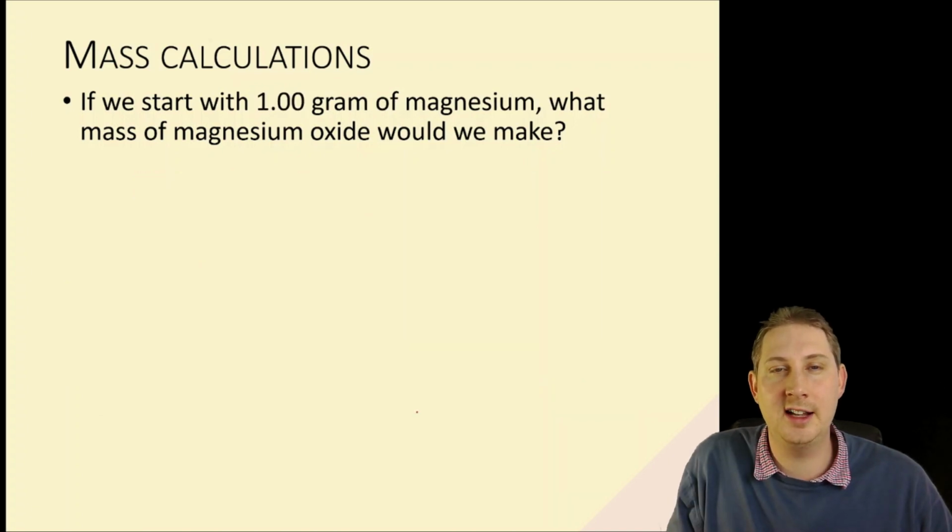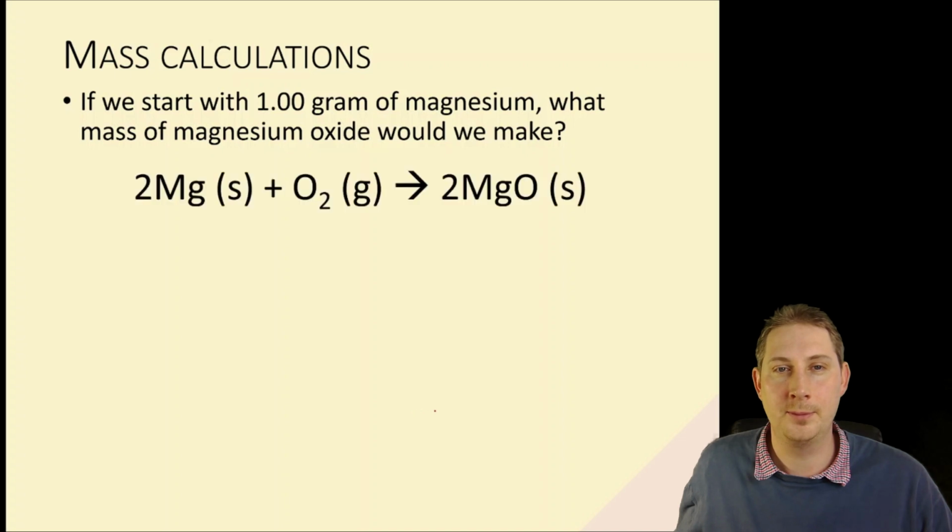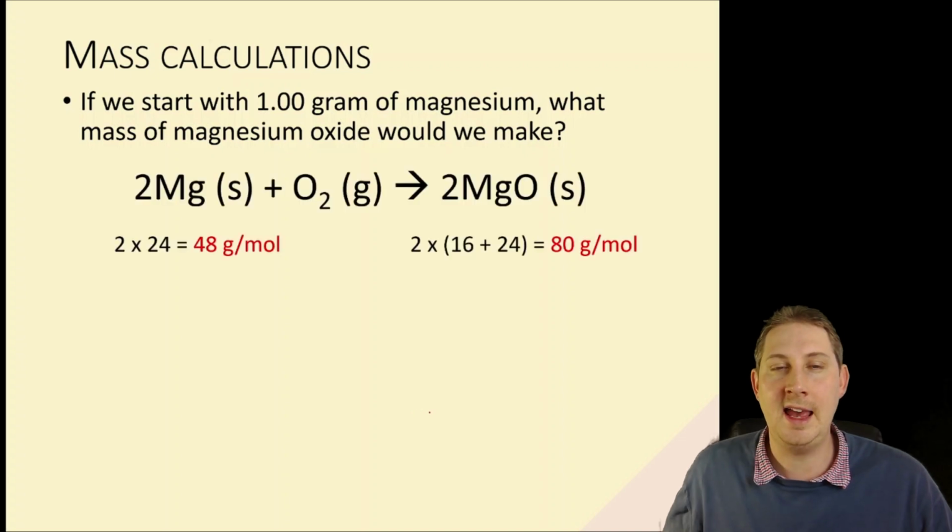Finally, let's have some slightly less nice numbers. If we start with 1 gram of magnesium, what mass of magnesium oxide would we make? Again, 48 grams of magnesium becomes 80 grams of magnesium oxide. So what does 1 gram become? What's the same ratio as 48 to 80?